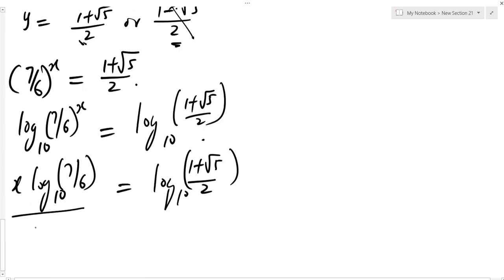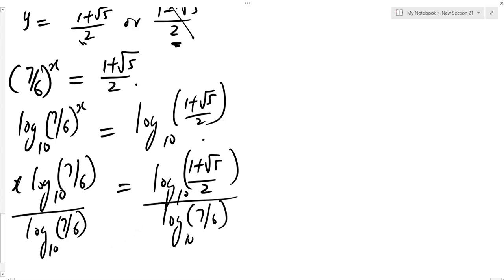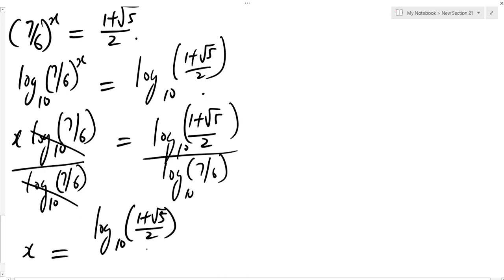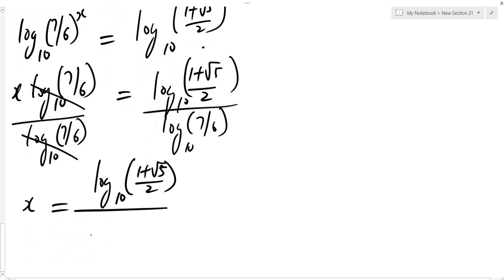Now dividing all through by log of 7 over 6 base 10, this will cancel out this. On the left hand side you are left with x, and on the right hand side that is the value of your x, which is log of 1 plus square root of 5 over 2 divided by log of 7 over 6 base 10.